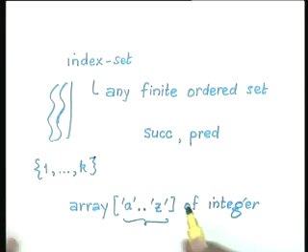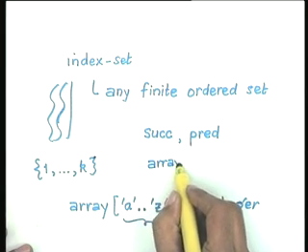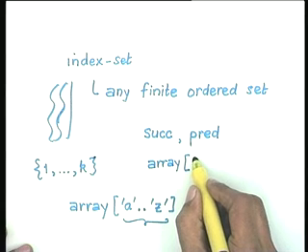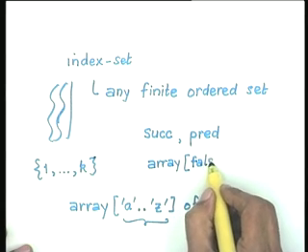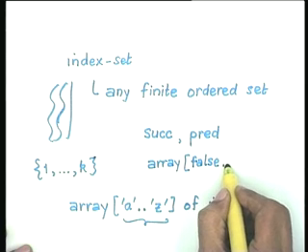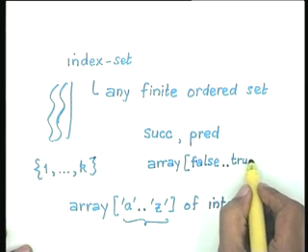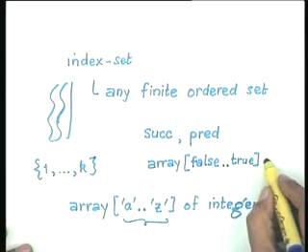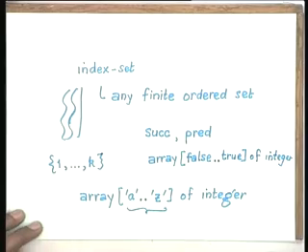You can also have an array of, for example, it has to be false, true, yeah, false is less than true. So, you could have arrays of this form too.